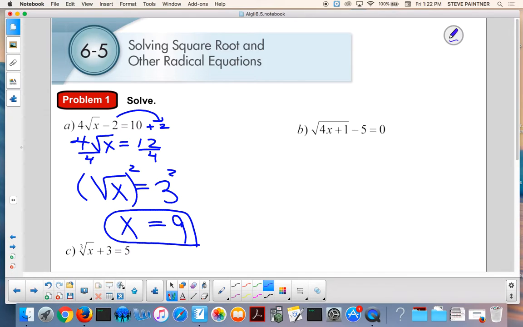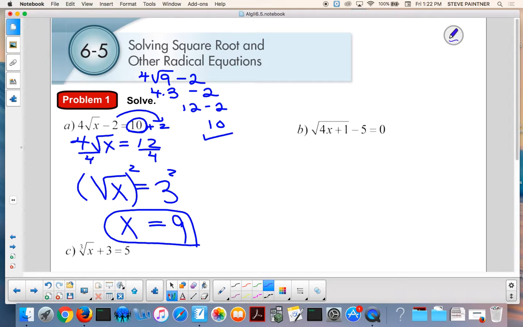I will be doing that sometimes, not all the time, but if I did check this, it would be 4 times the square root of 9 minus 2, is it 10? Well, that's 4 times 3 minus 2. That's 12 minus 2, which is 10. I wanted 10, I got 10. Check. It works. So I will be checking, and then I'm going to ask you to check too.